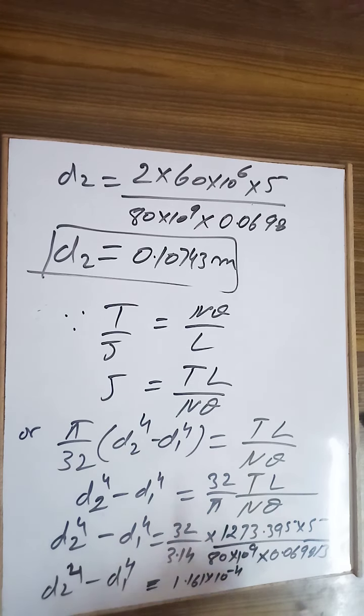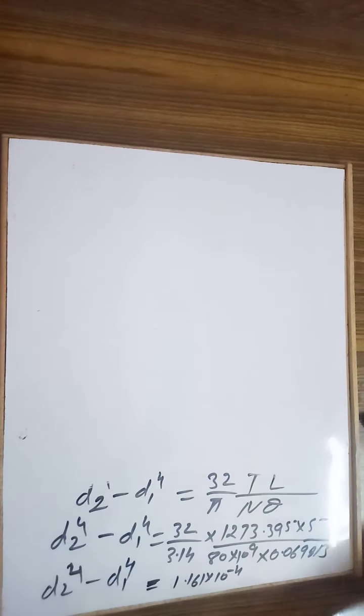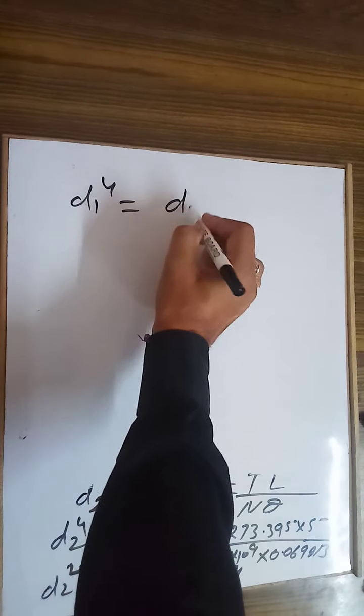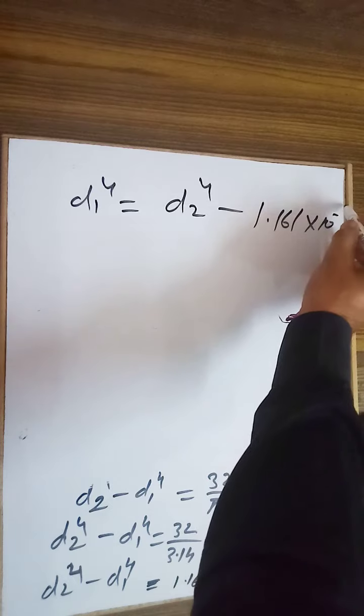So if we know the value of D2, then D1 can also be calculated using this term. So let me erase this from here and put the values. In this equation we will have D1^4 is equal to D2^4 minus 1.161 into 10 to the power minus 4.